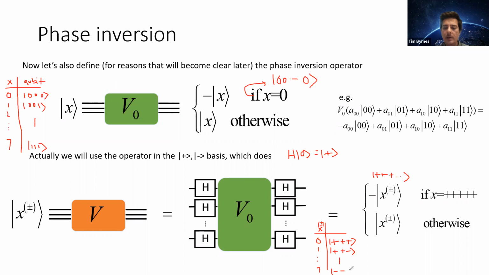The last state is minus minus minus. So in the qubit representation, this state plus plus plus is the only state that actually picks up a minus sign. So that's basically what the V operator does. It just applies a minus sign on the state plus plus plus.